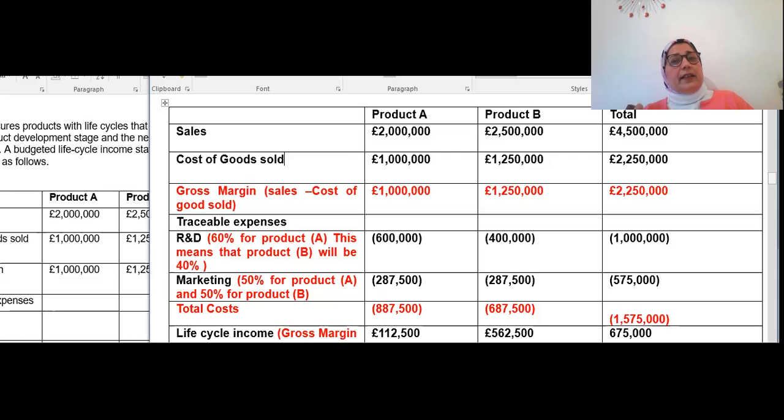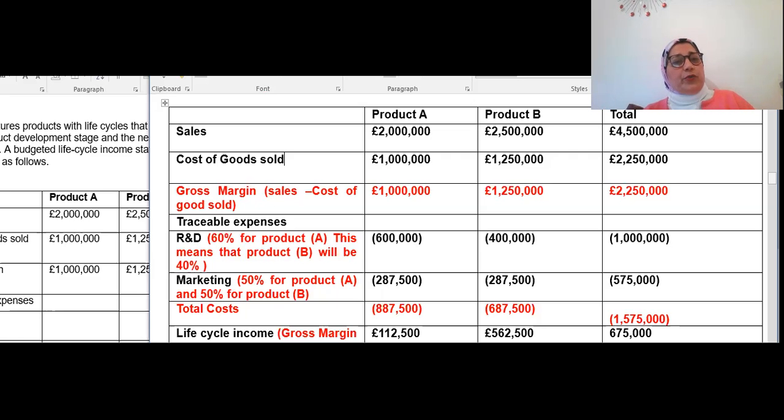So product B sells more than product A. The product B sales is 2,500,000, product A sales is 2 million. However, the cost of goods sold for product B is 1,250,000, while product A is 1 million. So the cost of goods sold for product B is more, right?